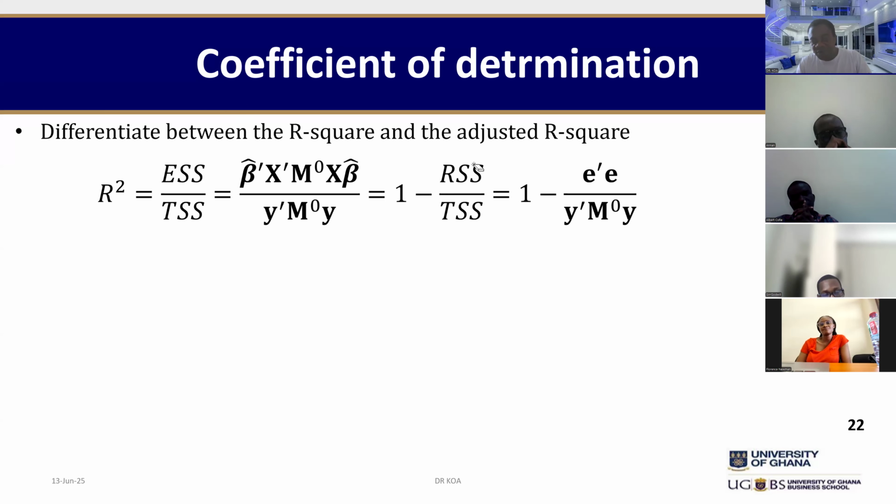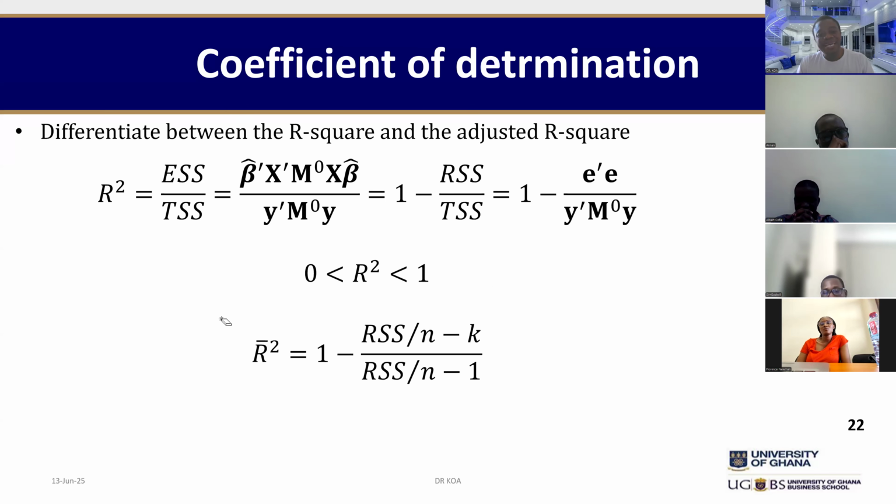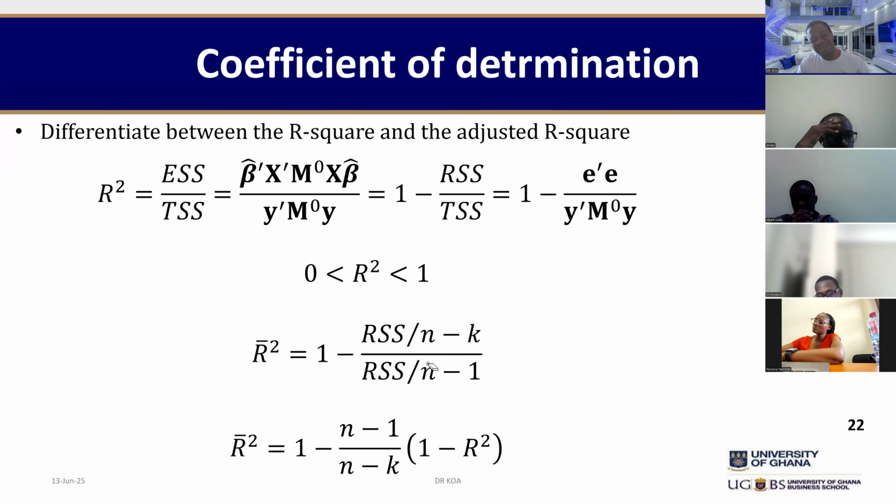In matrix form, these are the matrix forms. The R square is always between 0 and 1. In a simple case, this is the formula for the adjusted R square. The difference between the R square and adjusted R square is that adjusted R square penalizes the inclusion of irrelevant variables. So if the variables are irrelevant, the adjusted R square is going to be smaller than the R square.